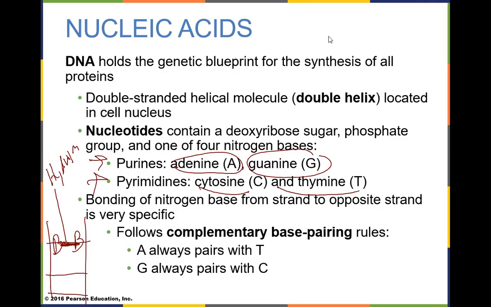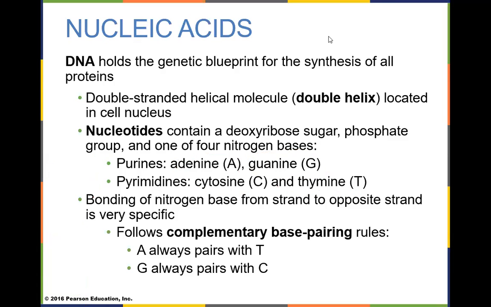In other words, adenine will always pair to thymine. So here's your strand, there's your strand. And guanine will always pair to cytosine. You know, there's cytosine here, guanine there. You know, you could have, doesn't matter which side they're on.